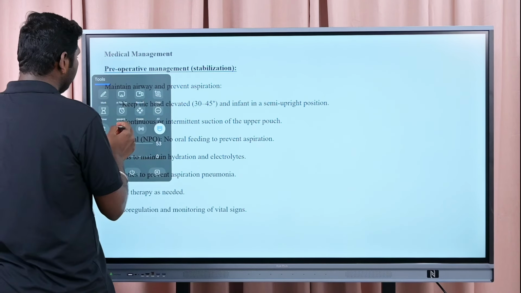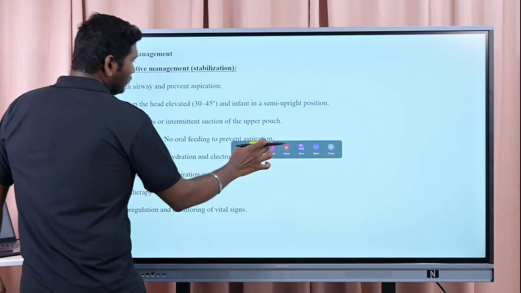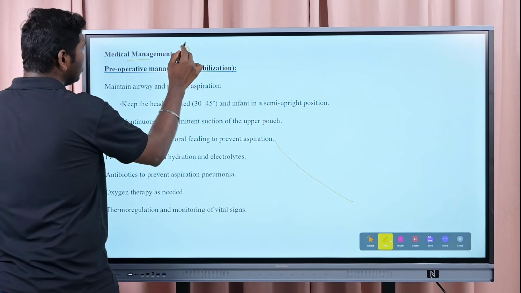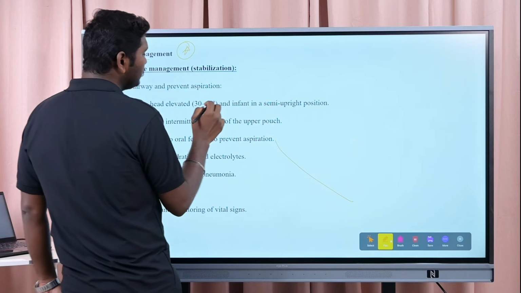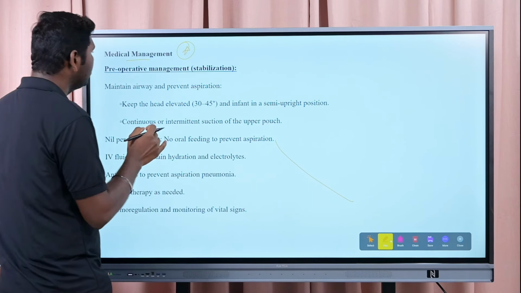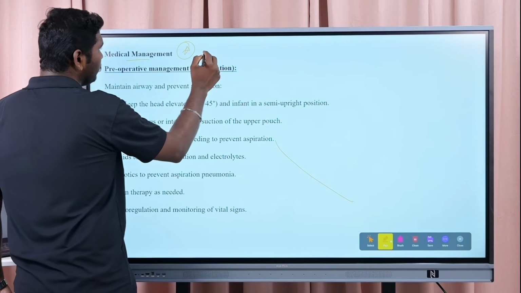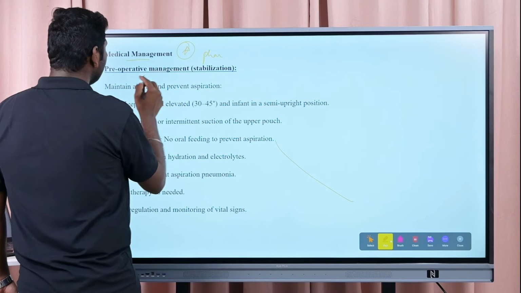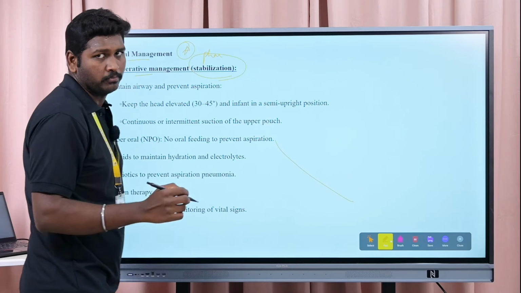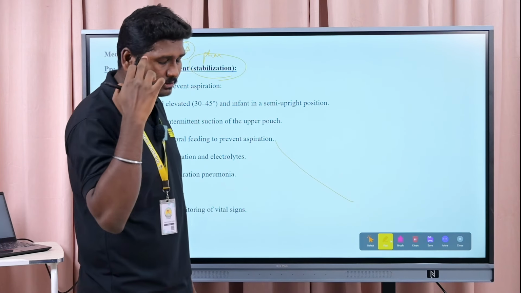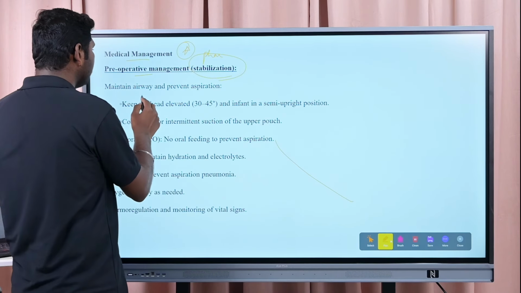Next, medical management. Again, as we told, it is a 4 mark question. In medical management, always try to go with the pharmacological management first and then pre-op and post-op. Before that, pre-operative management is stabilizing the patient. That is very important. Post surgery, immediately we have to stabilize the patient, or post aspiration, whatever it may be.